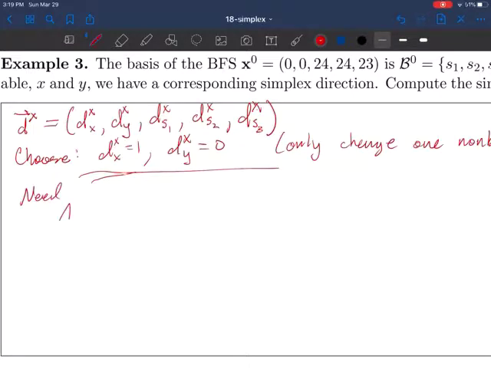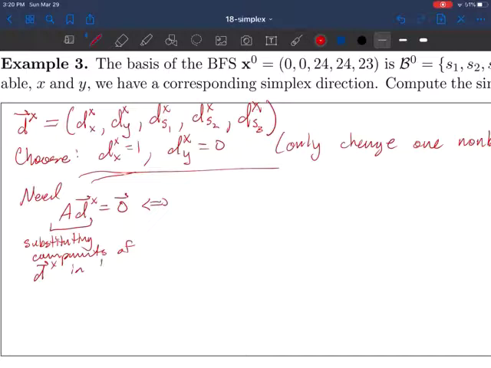Now we think, all right, we need A dx equal to 0. Okay, in other words, A dx, this is basically substituting components of dx into the constraints.